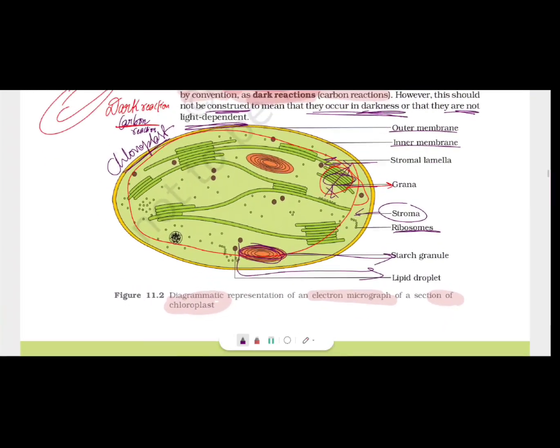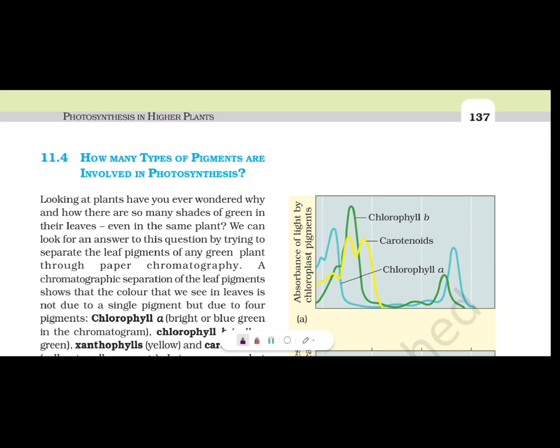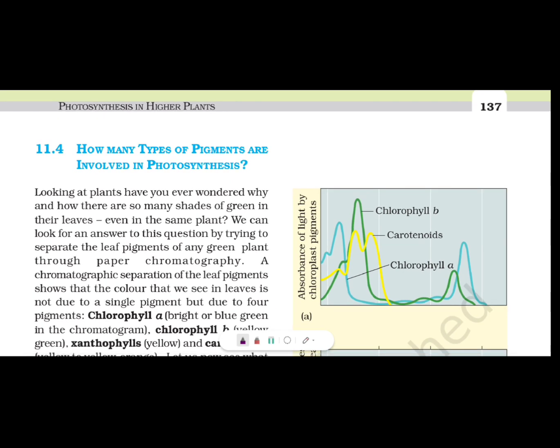Let's move on. How many types of pigments are involved in photosynthesis? Looking at plants, have you ever wondered why and how there are so many shades of green in their leaves, even in the same plant? We come across plants which have a variety of shades and colors, right?